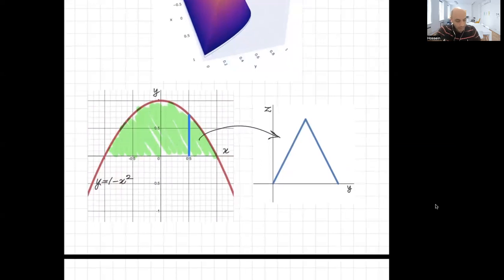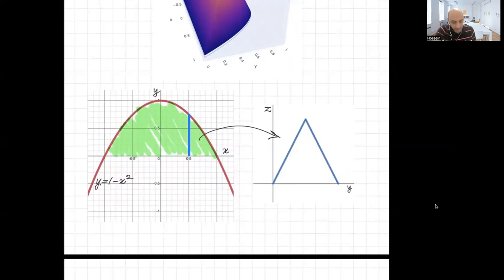On the right side here, I'm looking at the cross section, and the blue line, the base of this triangle, is the same as this blue line here.